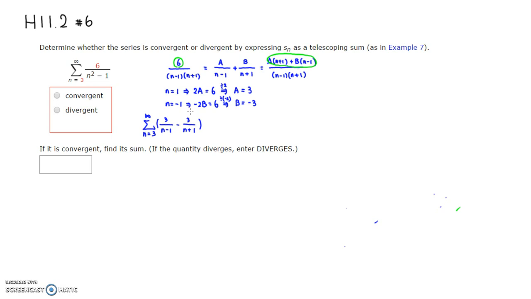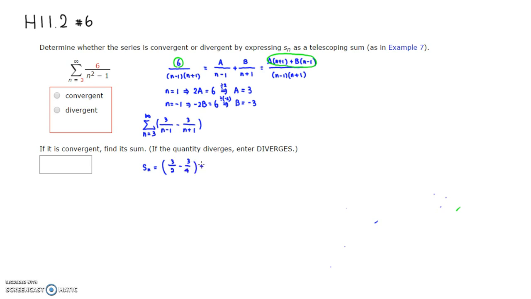So let's find the partial sum. S_n is going to be, n starts from 3, so we start with 3 over 3 minus 1, which is 2, minus 3 over 3 plus 1, which is 4, so 3 over 2 minus 3 over 4.